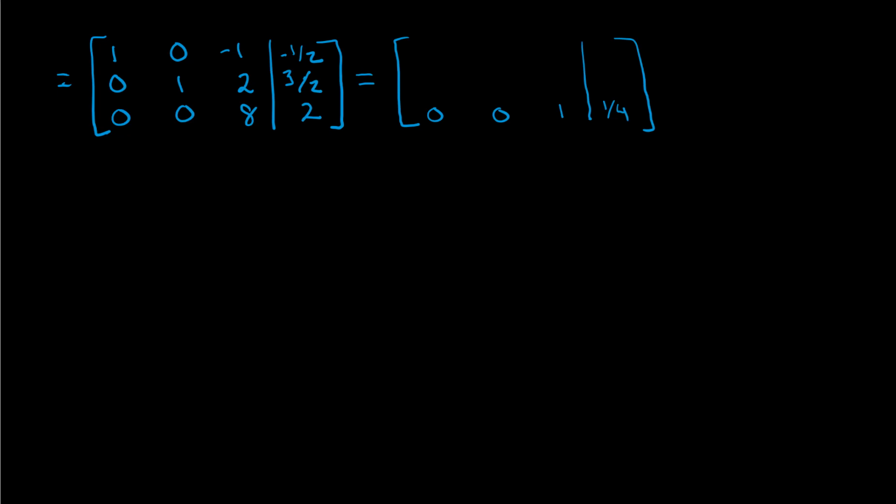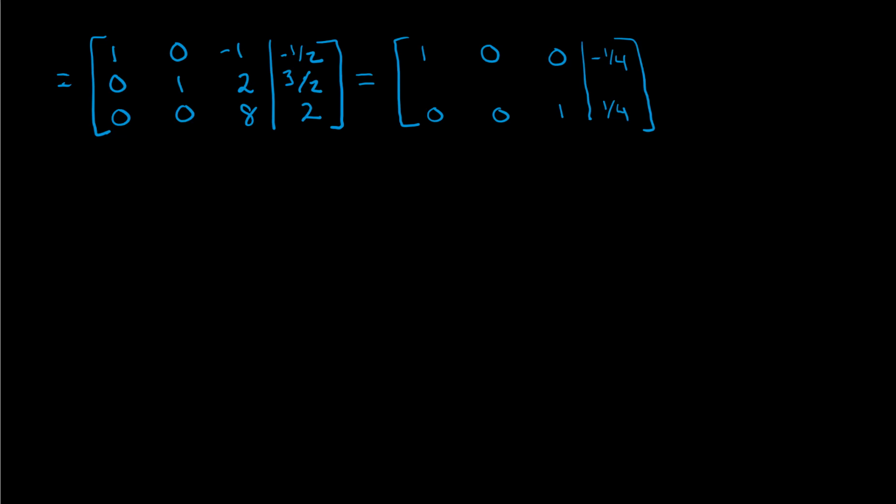In the first column, I have a 0 in row 3 plus a 1 in row 1. 0 plus 1 is 1. In the second column, row 3, I have 0 plus, in the first row, 0. 0 plus 0 is 0. In the third column, I have a positive 1. I'm going to add it to the negative 1. That gives 0. Now I have a fourth minus a half, which is a negative 1/4.